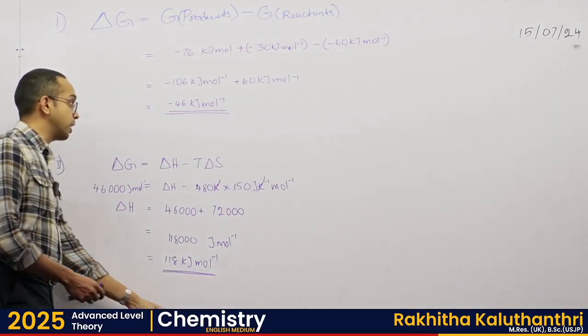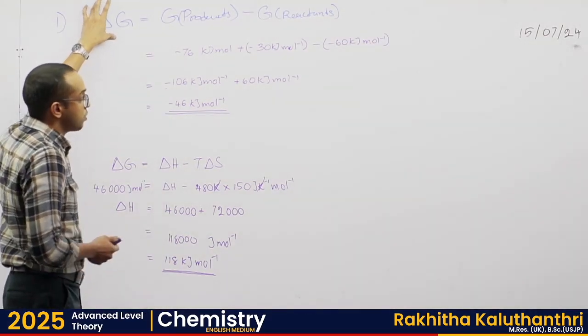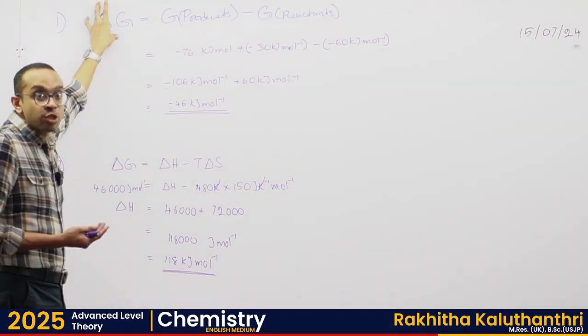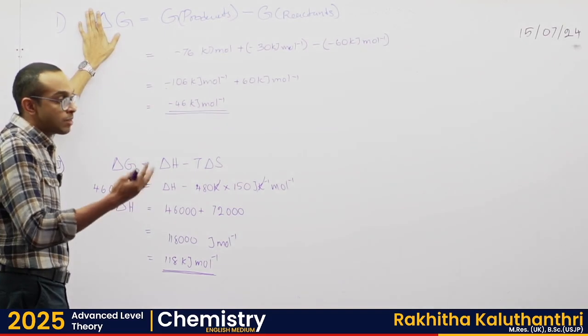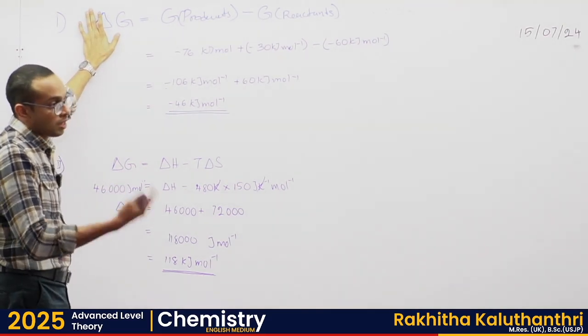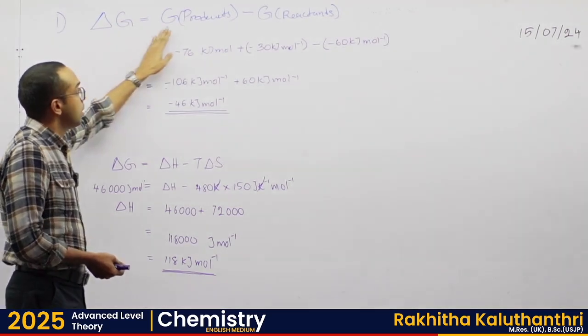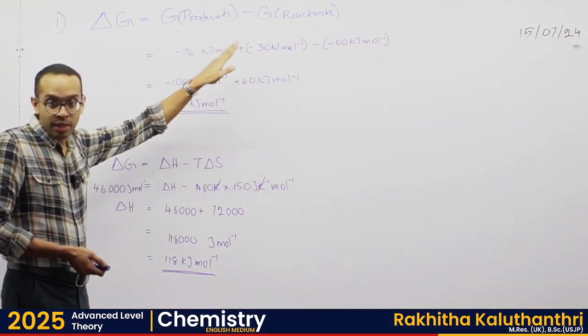So what did we do here? Now we'll discuss the question, okay? When it comes to Gibbs free energy, that is also something similar to delta H, right? We can think of a quantity that has parallel properties, that is delta H. So usually we can use the same equation. Delta H is equal to enthalpy of products minus enthalpy of reactants.